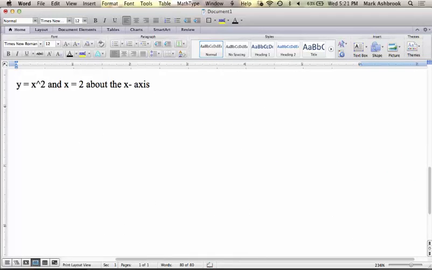So let's do another one here. Let's do y equals e to the negative x, the x-axis, x equals 2 and x equals 5, rotated about the y-axis.